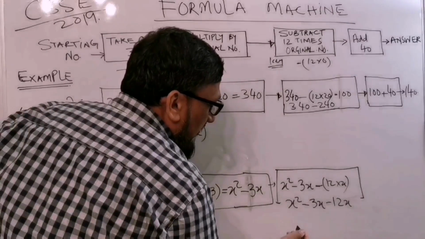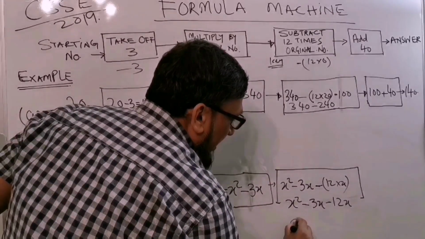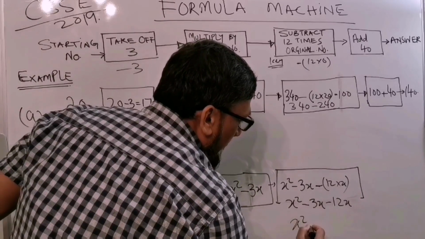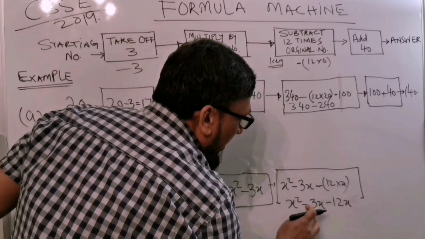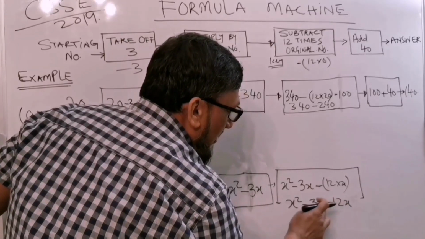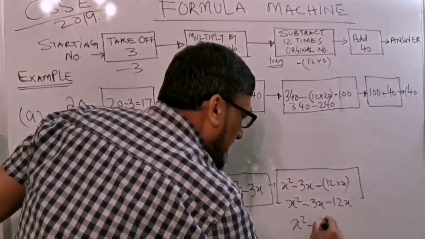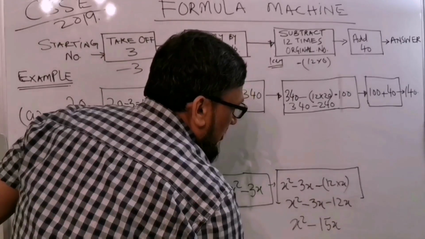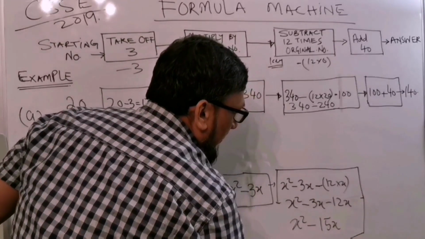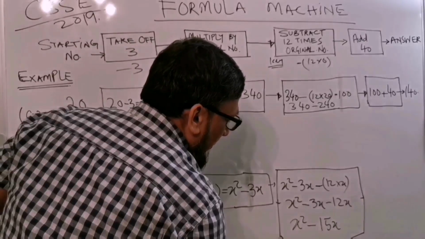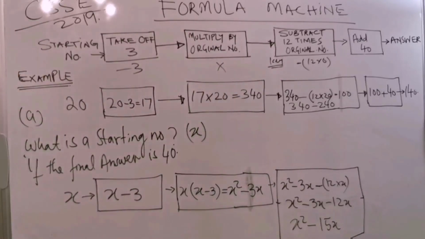Further simplifying, x square minus 3x minus 12x gives x square minus 15x. This is your third stage.